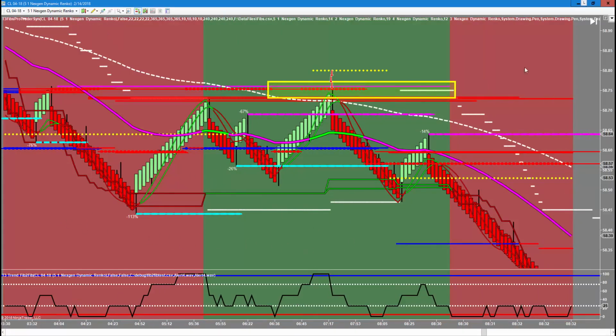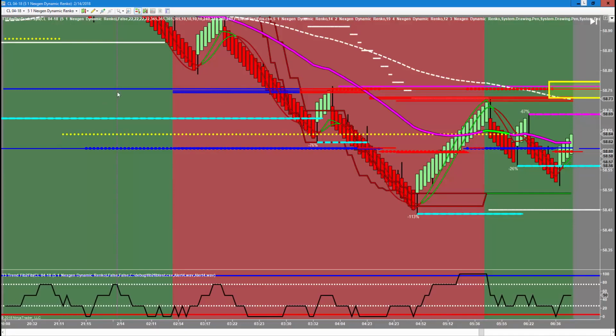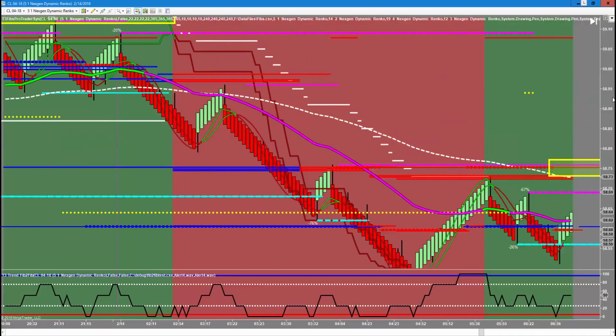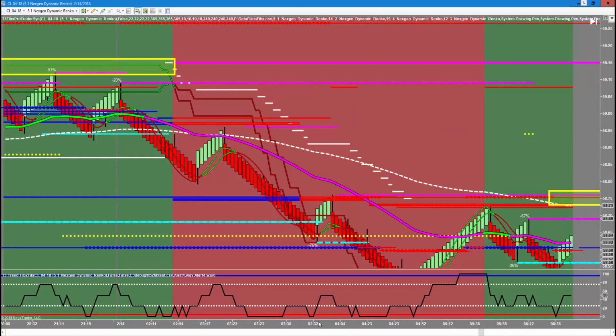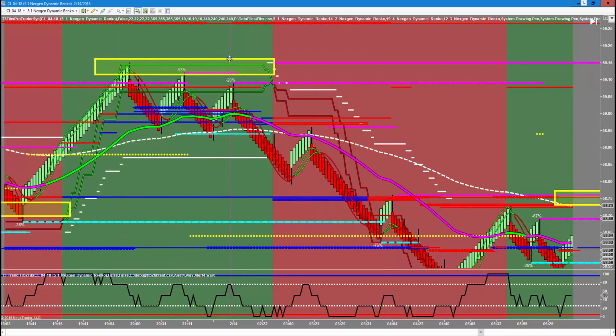Does everybody understand? You can start to see it. Again, I put these squares on. You just have to be aware that I put them on because they were 14-2 chart areas that hurt long trades.